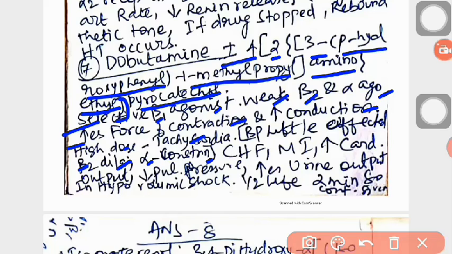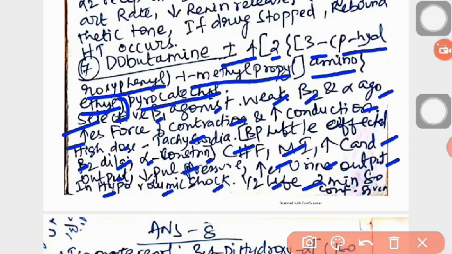So it is somewhat balanced. So the output is increased cardiac output, myocardial infarction, congestive heart failure, and decreases pulmonary pressure, increases urinary output, and in hypovolemic shock. The half-life is just 2 minutes.